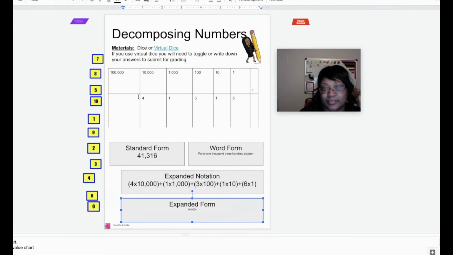Plus, then what is the value of the digit 1? Right. It's one group of 1,000, so that's just 1,000. Plus, what's the value of the digit 3? Well, that's 3 groups of 100. So 100, 200, 300. The value is 300.